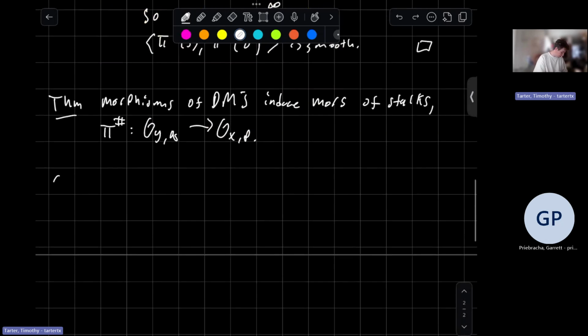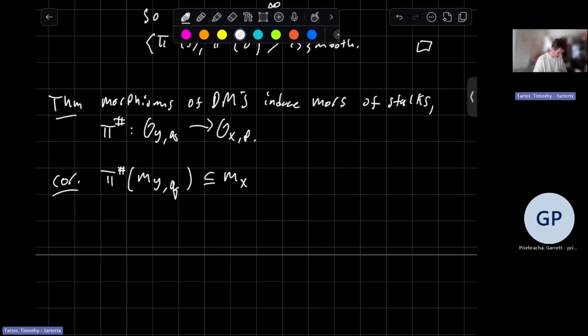And then as a corollary that we will prove, pi star of the maximal ideal of y at q is contained in the maximal ideal at x of p.